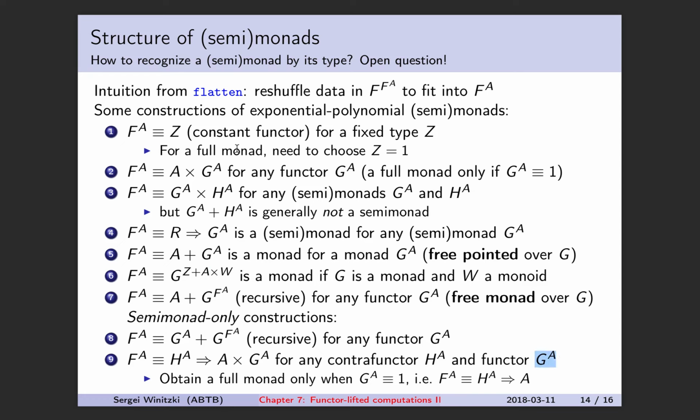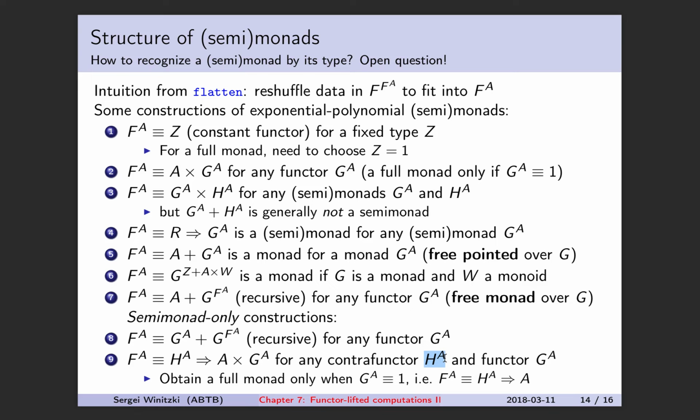And so an example of this would be arbitrary functor GA going to Z, all of that going to A. And that's a monad for arbitrary contrafunctor HA, or if you represent HA through another functor, then it will be a monad for an arbitrary functor HA, some GA. So this is another construction that gives you a monad out of an arbitrary functor or an arbitrary contrafunctor.